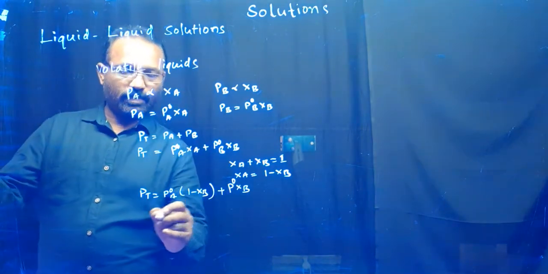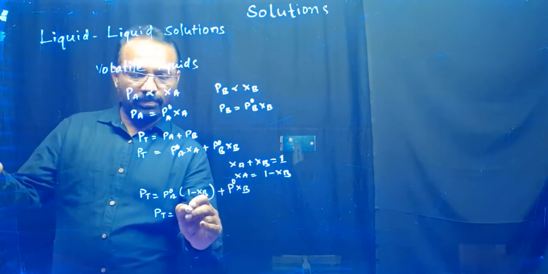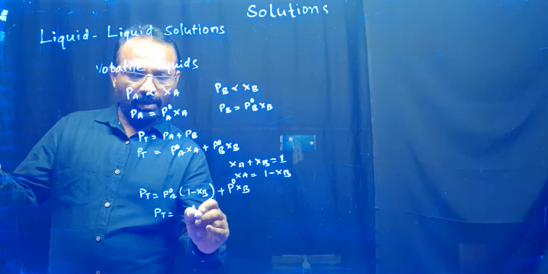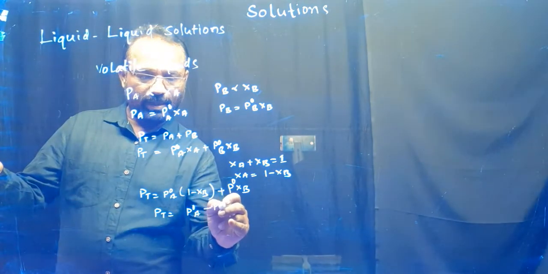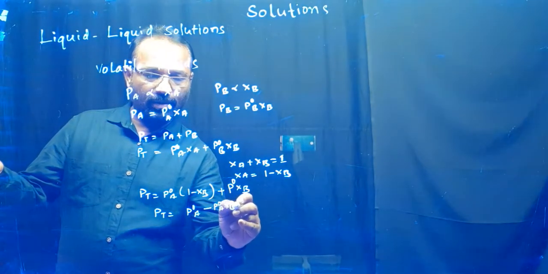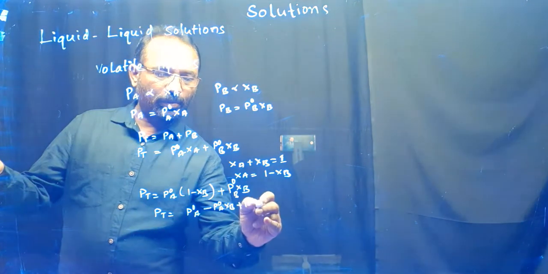Here we can write P total equals P naught A minus P naught A into XB plus P naught B into XB.